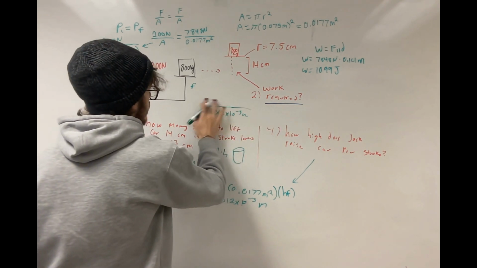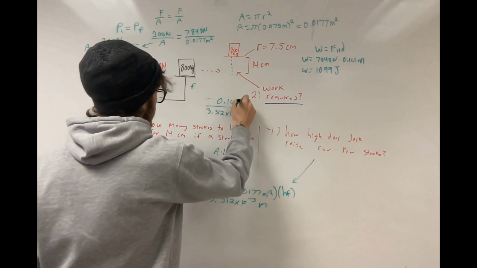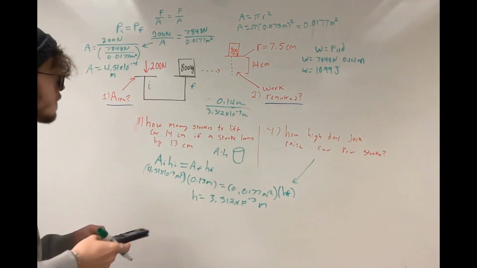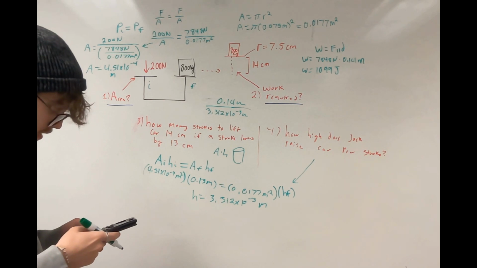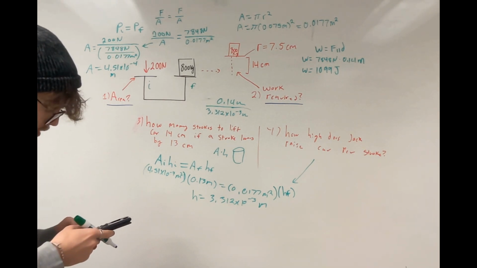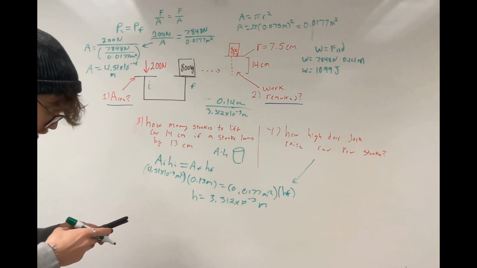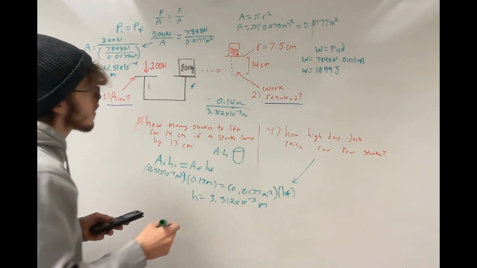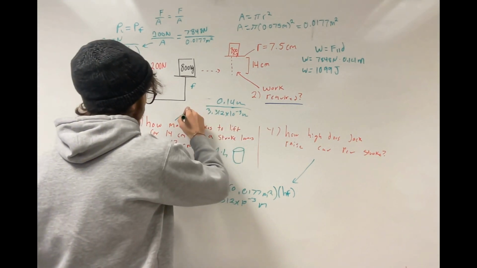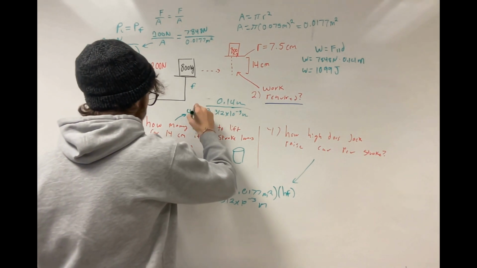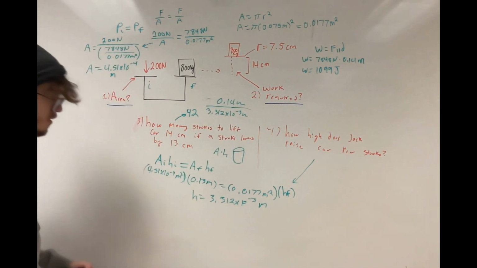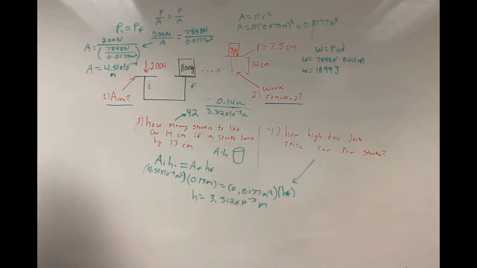And we'll actually put this in 0.14 meters, okay? And we'll just do the math. And we're gonna see that this here is equal to 42 strokes. So you need to do that 42 times to lift the car up by that amount.